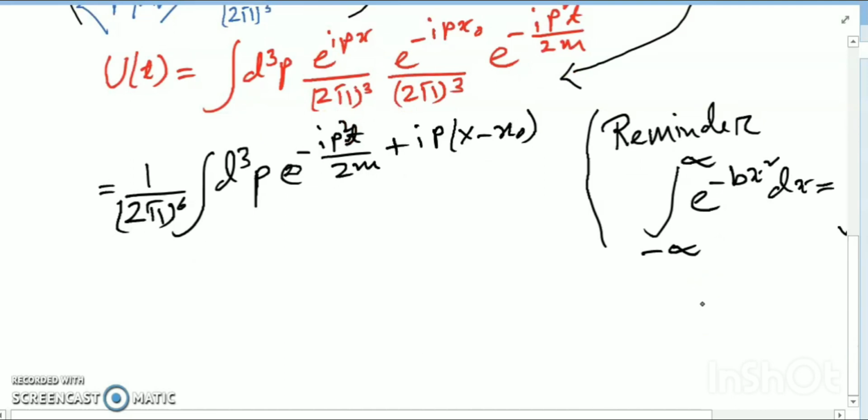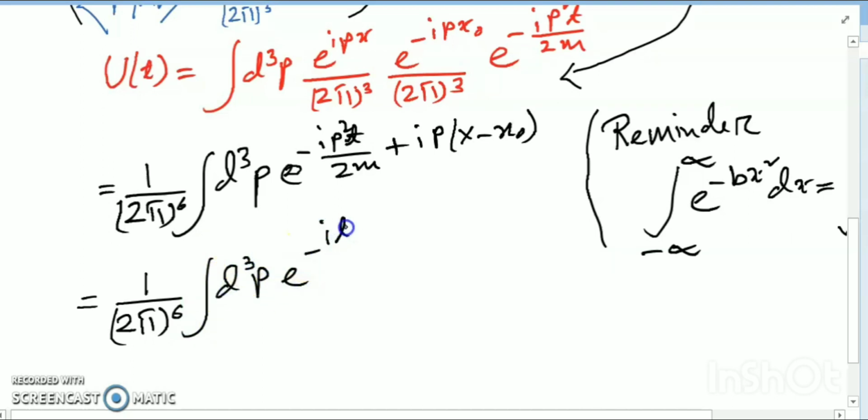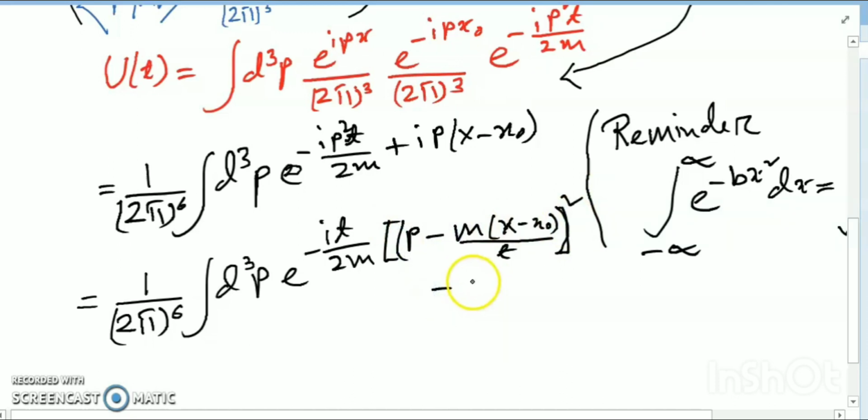I just complete the square and I get this: 2 pi whole to the power 6, integration, divided by 2m, and a very large expression, m into x minus x0 divided by t whole square, minus m square by t square x minus x0 whole square.